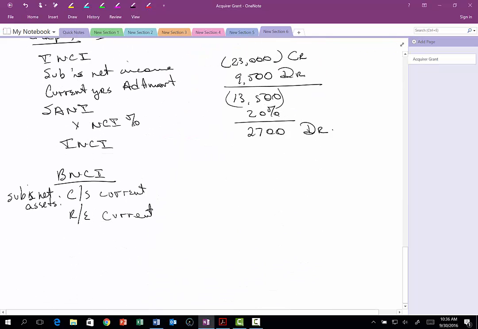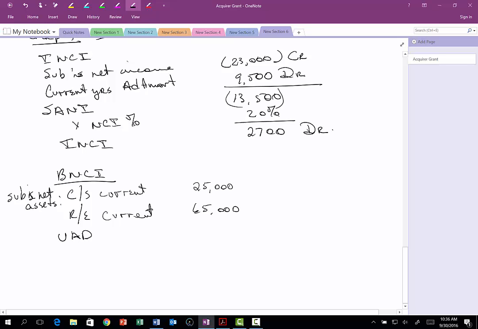Always remember that the NCI is getting a portion of the current year's net assets, not just the acquisition. So common shares we said were 25,000. Retained earnings we said were 65,000. Then we have to adjust it once again for the AD.